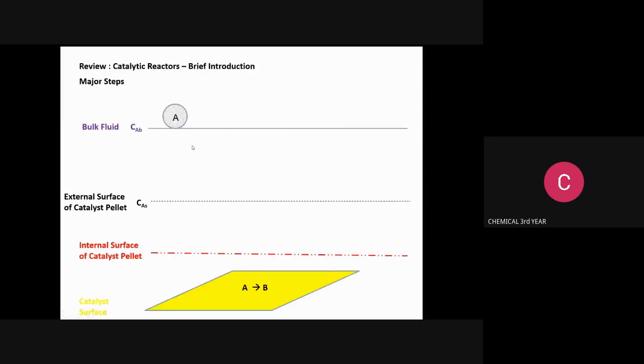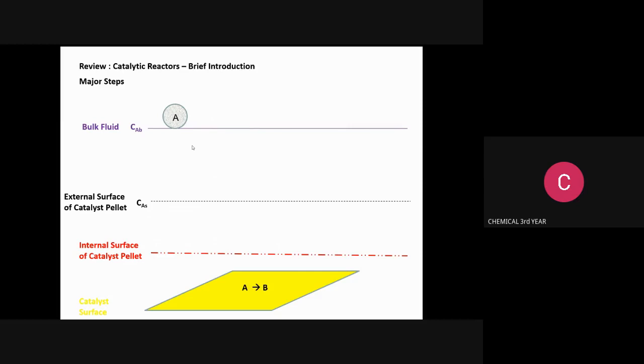But the reactor terms, as I told you previously: multi-phase and single-phase reactions happen. Okay, in those multi-phase and single-phase reactors, some types are used.